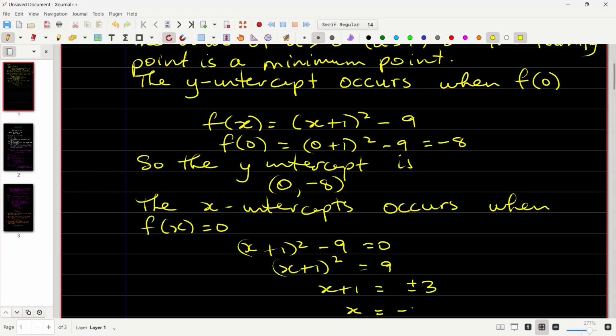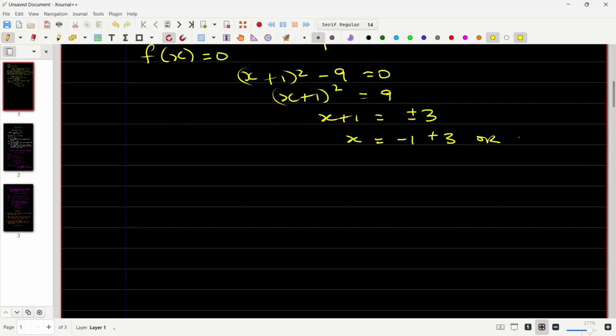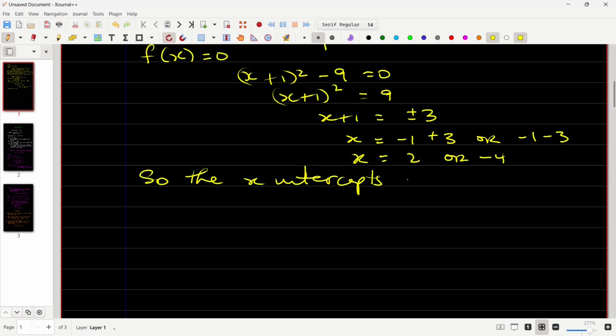And that means x is equal to minus 1 plus 3 or minus 1 minus 3, which means x would be equal to 2 or negative 4. So the x-intercepts are 2, 0, and negative 4, 0.